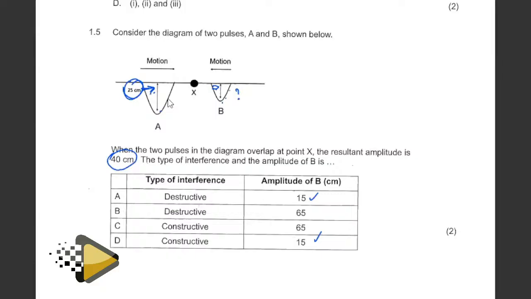I would have gone for A, which is the destructive, since the directions are different. I'm moving in opposite directions. The arrows indicate that the directions are opposite. I'm going with option A.